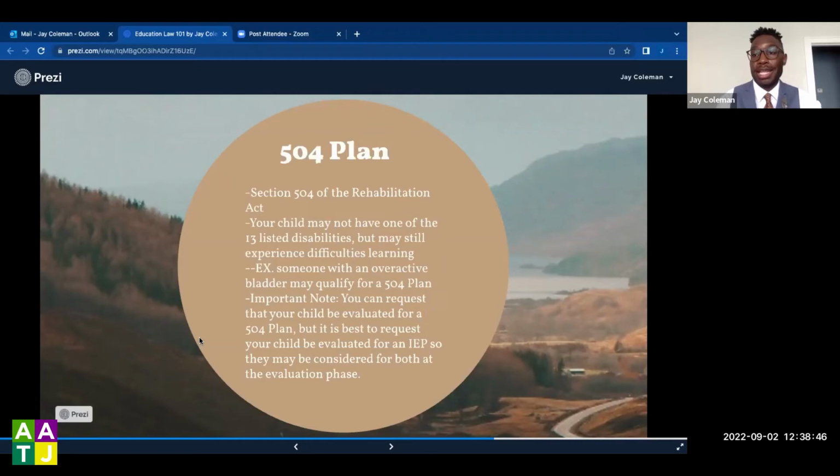Under the 504 plan, they still have protections, but it's almost like you have a little bit of extra, but the child is still kind of an independent learner. They just have something extra to help them out a little bit. But like I said, it's best to request an IEP and let the school decide that your child just gets a 504 plan. Don't you make that decision for the child.